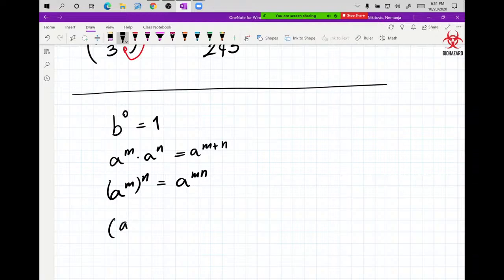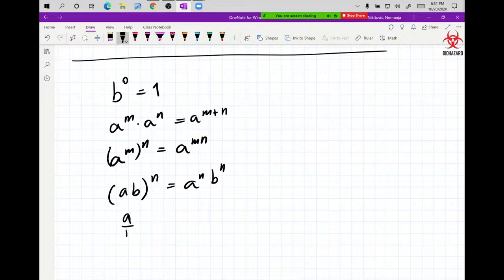We have (a times b) to the n, so each one gets their own n. And finally, (a over b) to the n, each one gets its own exponent n.